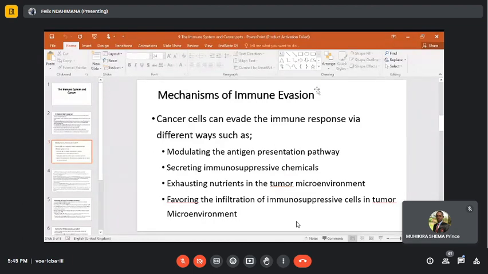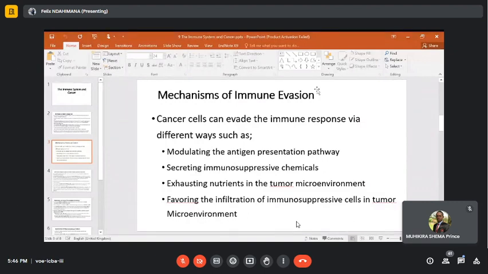So now, this cancer cell has a mechanism of modulating or changing or hiding or interfering with antigen presentation so that they won't be presented, because these cancer cells are already antigens. They are no longer normal. So if they have a mechanism of interfering with antigen presentation, they won't be presented. And if they are not presented, they won't be taken away from the body.